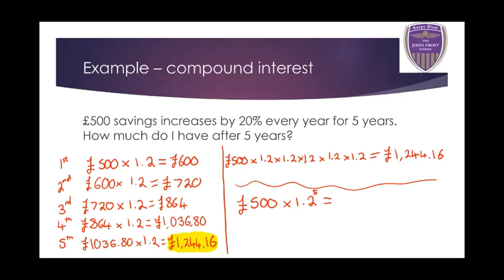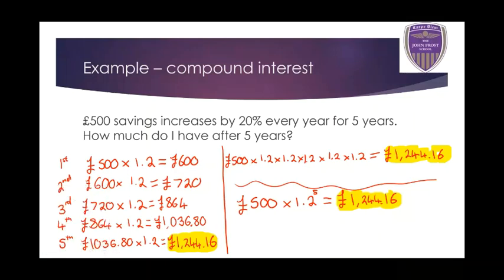And double check this for yourself. Get your calculators. 500 times 1.2 to the power of 5. And there you have it. Same as always, £1,244.16. We've still got the same answer. Okay, we've done 3 different methods. I'm sure you'll agree this last one we've done here is by far the best.